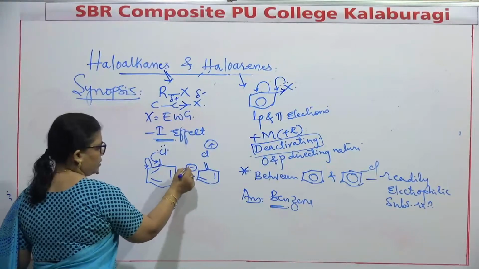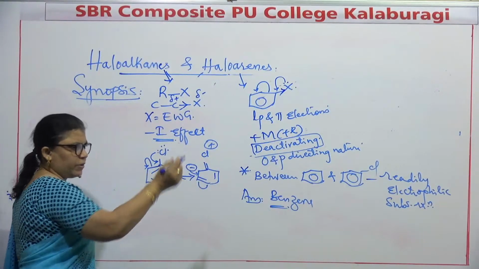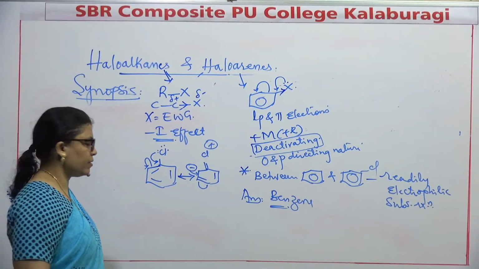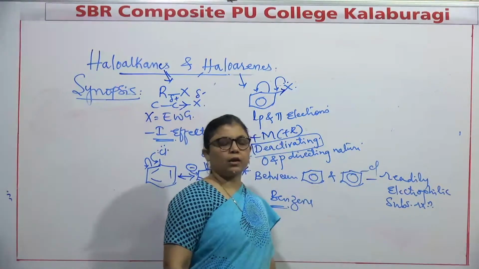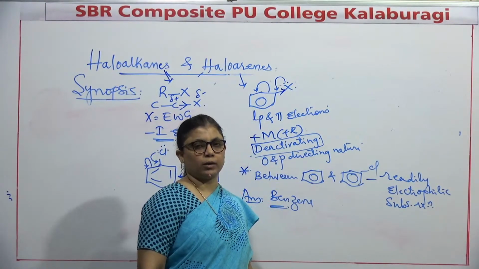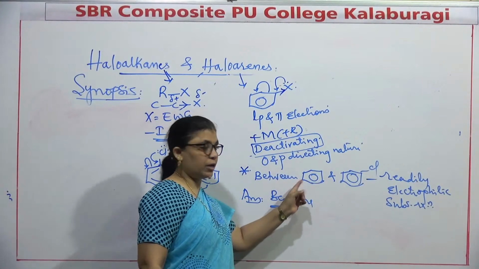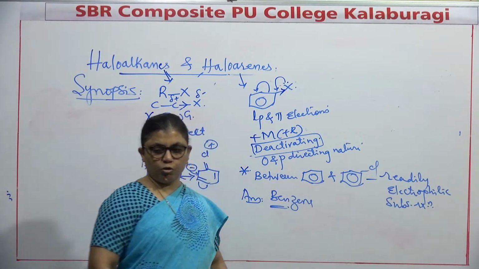Again there is a delocalization, and everything we have written in the earlier theory classes. I need not write much, but you can write the conclusion that these are ortho-para directing in nature. That's why this is the NCERT question between benzene and chlorobenzene.